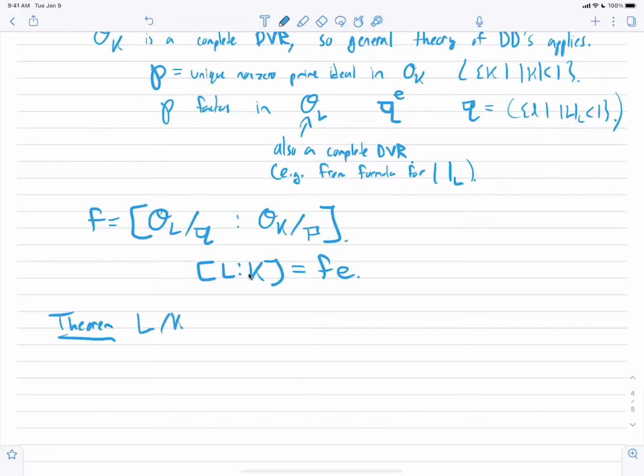L over K. There is a unique maximal unramified extension L_0 contained in L. Max unramified just means L_0 over K is unramified.